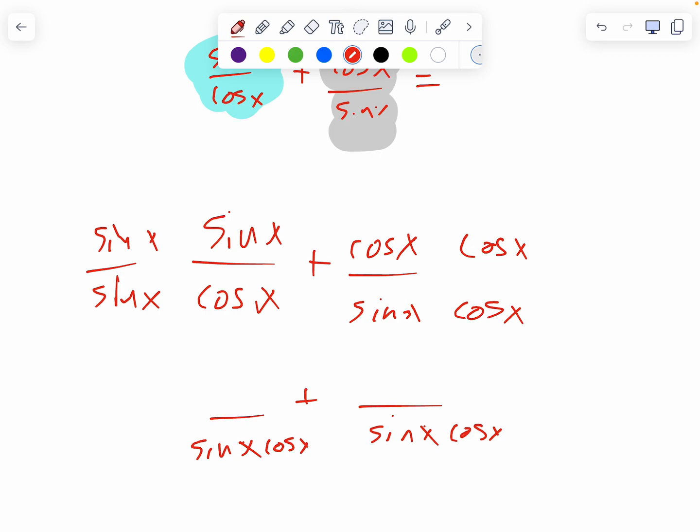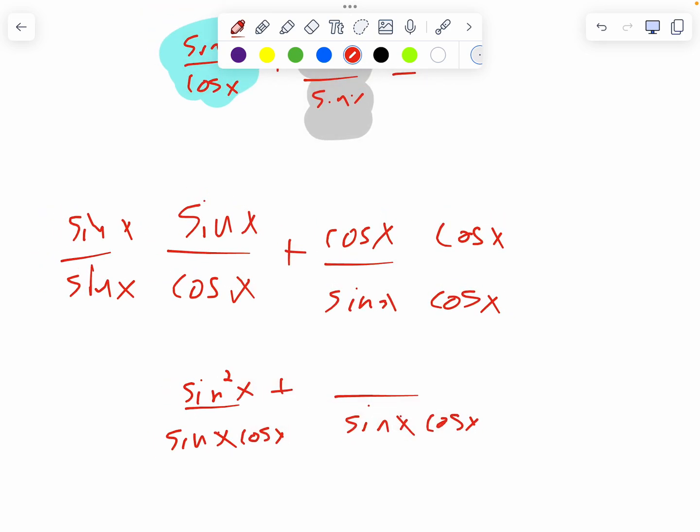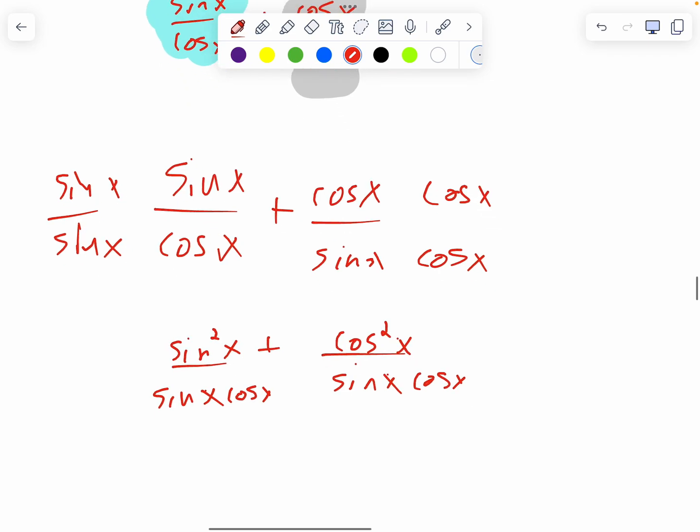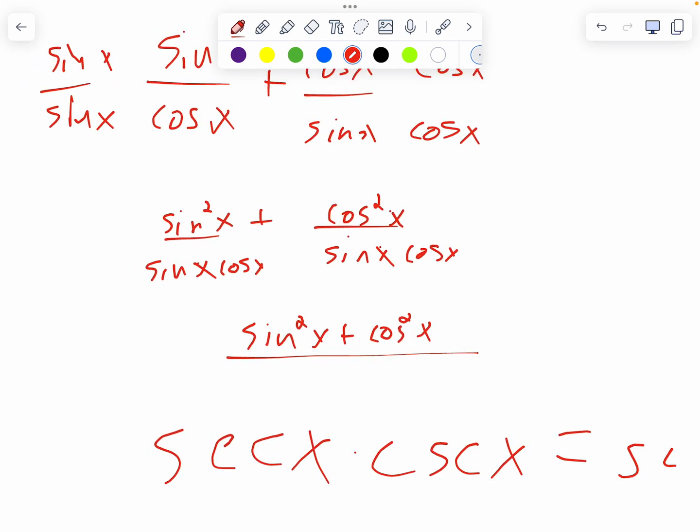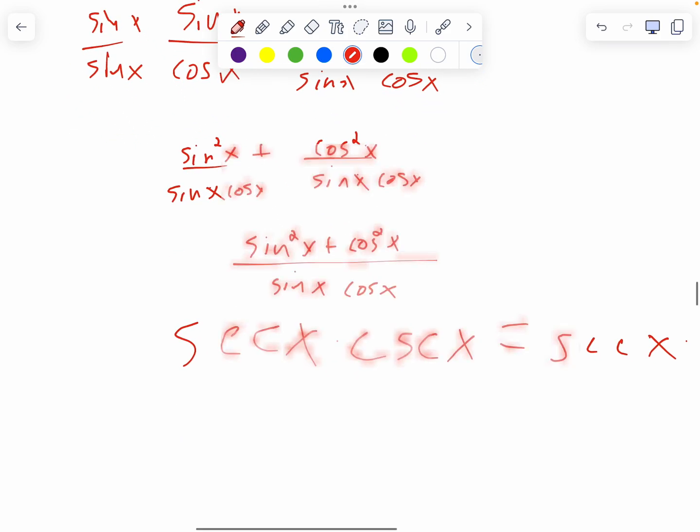My left fraction has a numerator of sine squared x. My right fraction has a numerator of cosine squared x. And I'm simply going to rewrite this as sine squared x plus cosine squared x all over my common denominator of sine x cosine x.